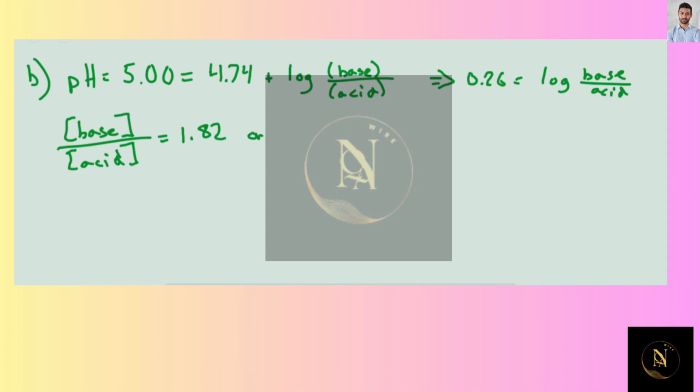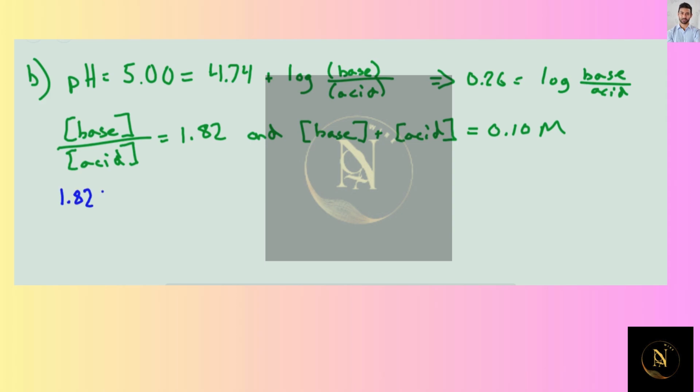And we also know that these two concentrations combined must equal the concentration we're given at the beginning. So using these two equations, we can solve for the concentration of acid. So we'll say the base is equal to 1.82 acid.